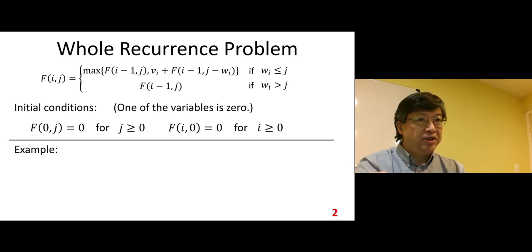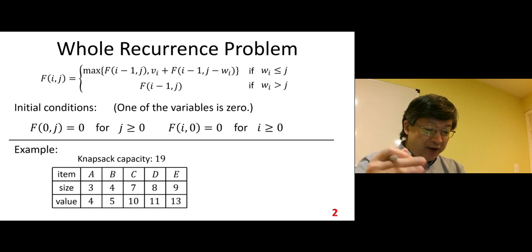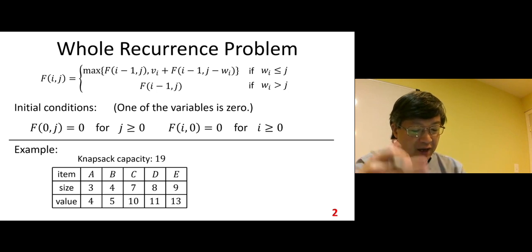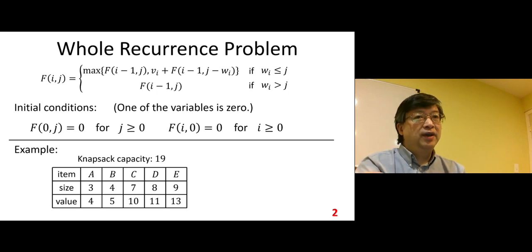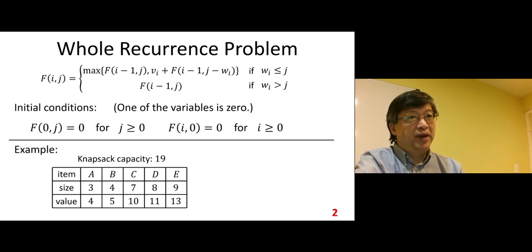Example. So let me use a simple example. Knapsack capacity 19. Items A, B, C, D, E. The sizes 3, 5, 7, 9, 11, and the values 4, 5, 10, 11, 13. First, let's try to find the answer by observation.